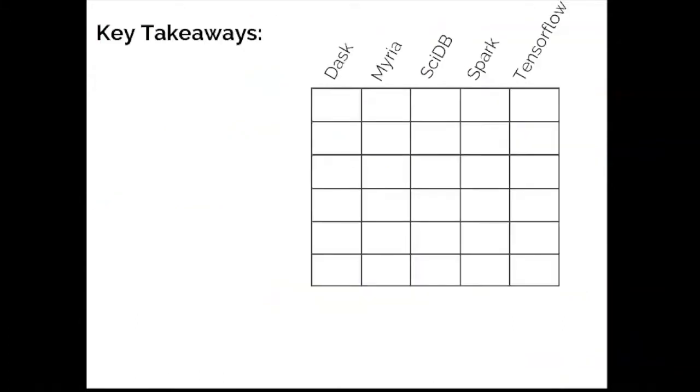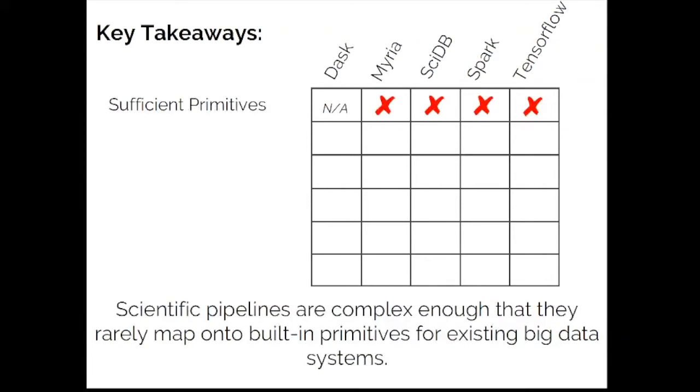So we took a look at all of those, and the quick executive summary is we found that none of them really has sufficient primitive operations to do the types of image processing that we need to do in astronomy and in neuroscience. So everything that we had to do, the core chunks of the algorithms in all these systems, needed to be basically user-defined functions that we put in.